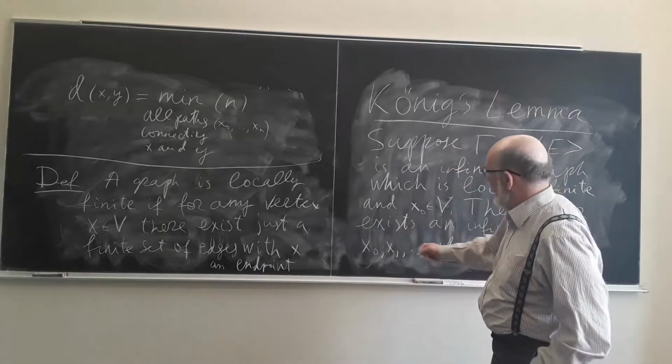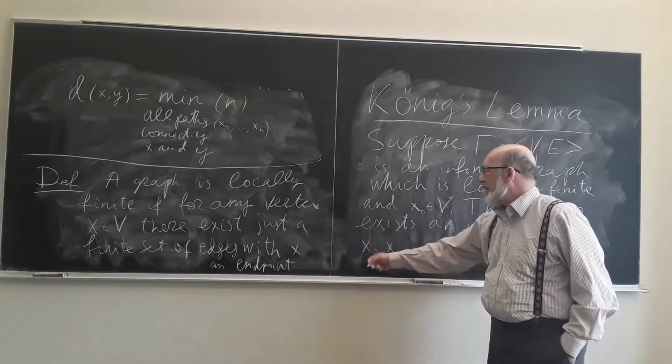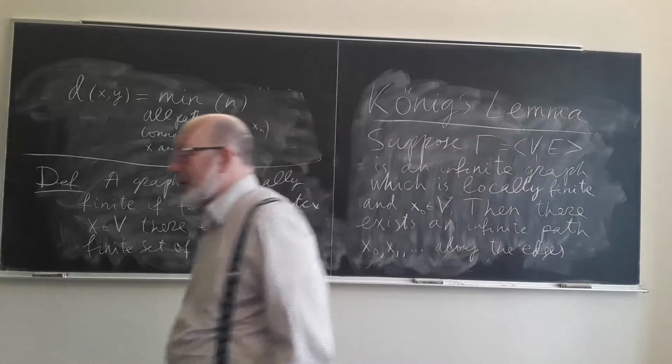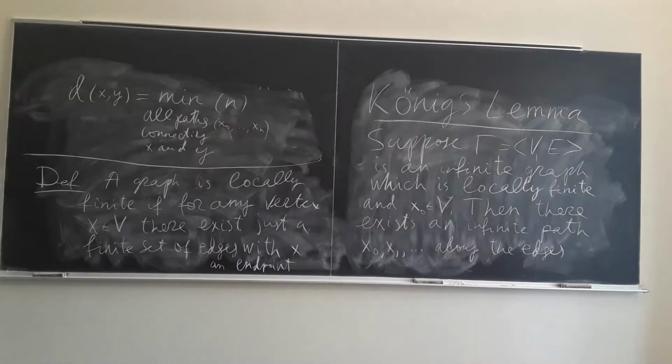So each transition from x0 to x1, from x1 to x2, goes along some edge. This is what is called Shnirelman's theorem.